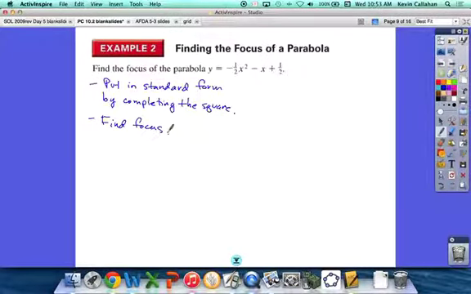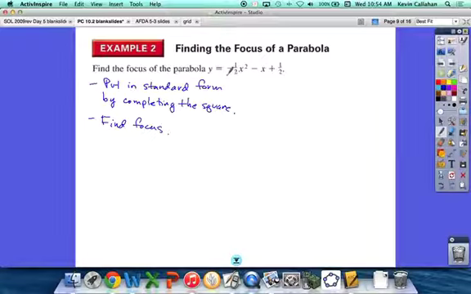Okay, if you don't remember, which you probably don't, when you complete the square, that means the squared term is x, right? So this is definitely going to be a parabola. It's y equals x squared. It's negative. It's going to open down. So we got the p will be negative. But I need it to be x minus something or x plus something squared.